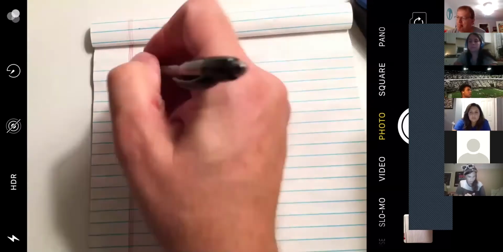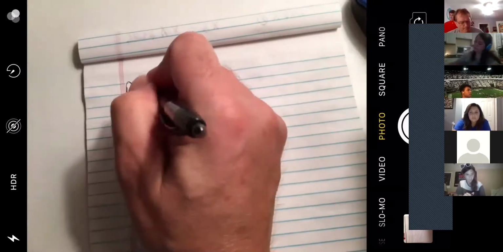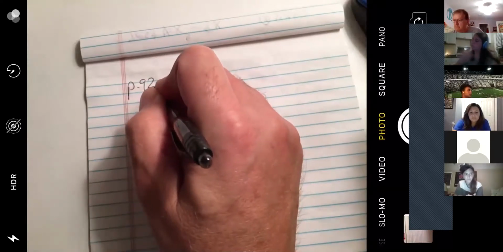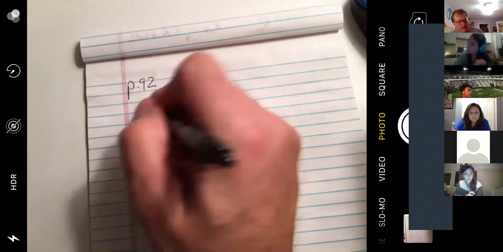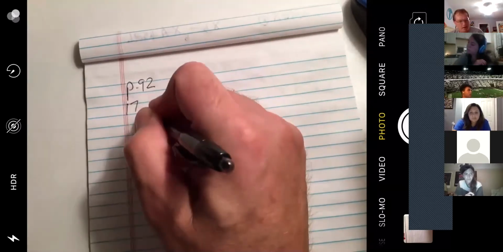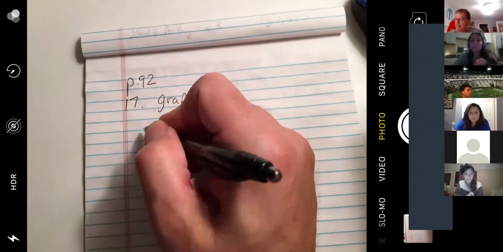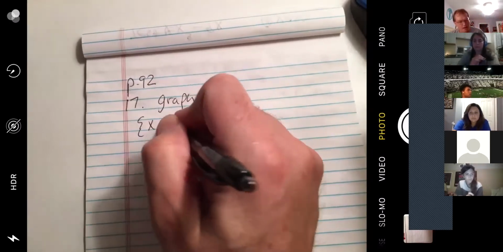Let's see. Yeah, it's on page 92. I'll just pick something like 17. Graph. And they give you some gibberish notation here: x, y.